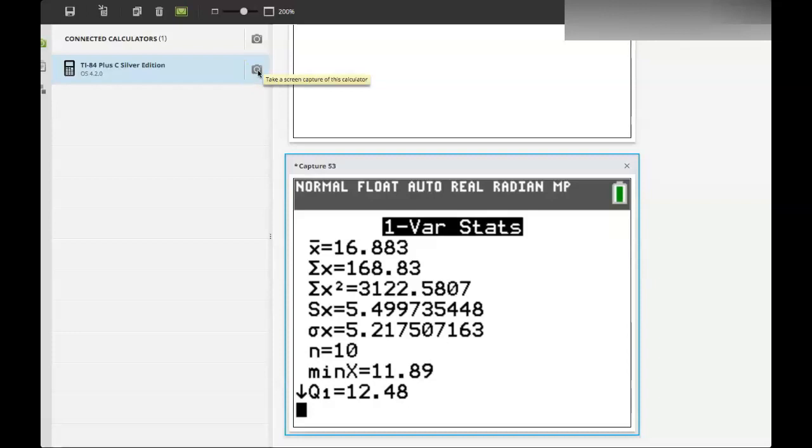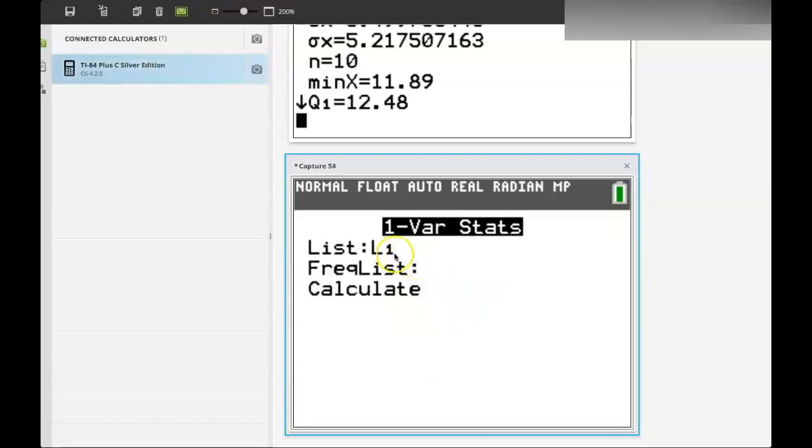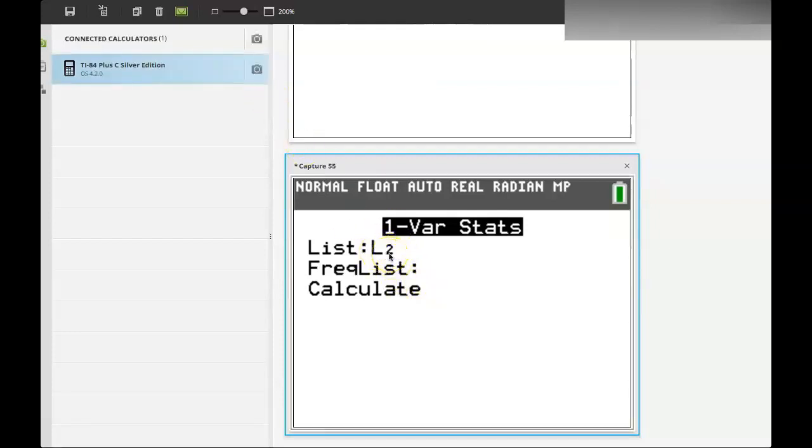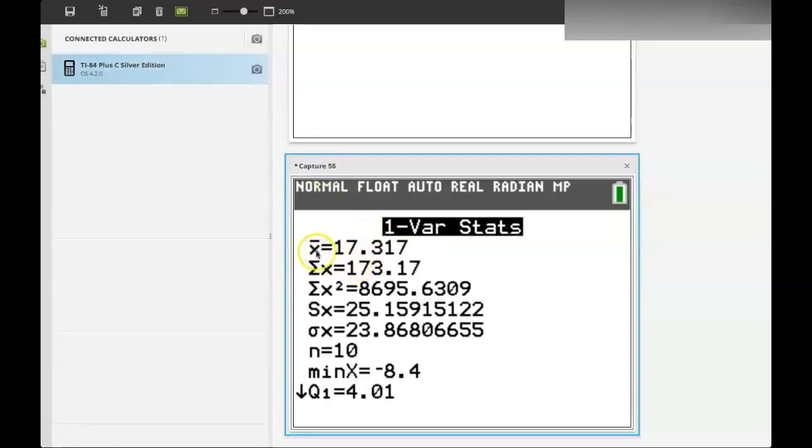Now again repeat that. Now I want to find Y bar, which is based on the second column, so I should have L2 instead. So press second, 2. Now I have L2. And after that you can press enter, enter, enter. So Y bar is, so that is actually Y. So Y bar is equal to 17.317.